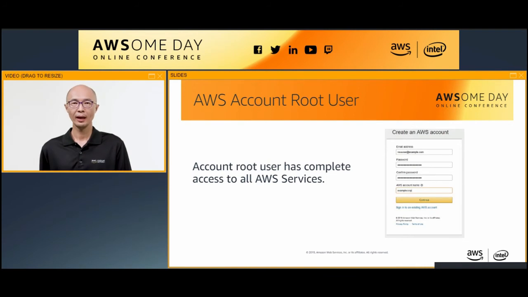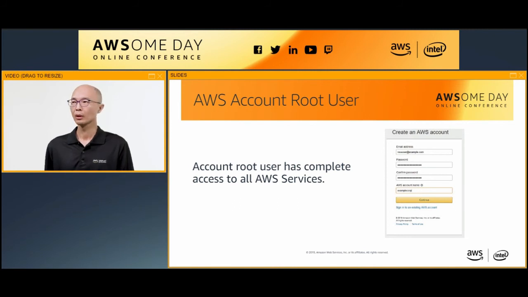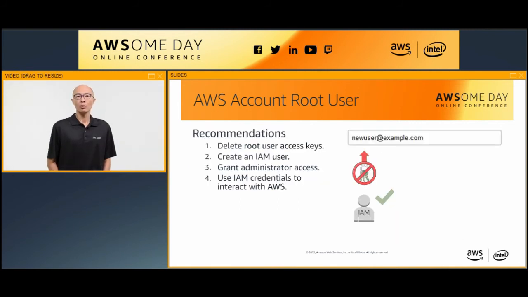When you first create an AWS account, you begin with a single sign-in identity that has complete access to all AWS services and resources in the account. This identity is called the AWS account root user and is accessed by signing in with the email address and password that you used to create the account. Because you can't restrict permissions for root user credentials, it is recommended that you delete your root user access keys.